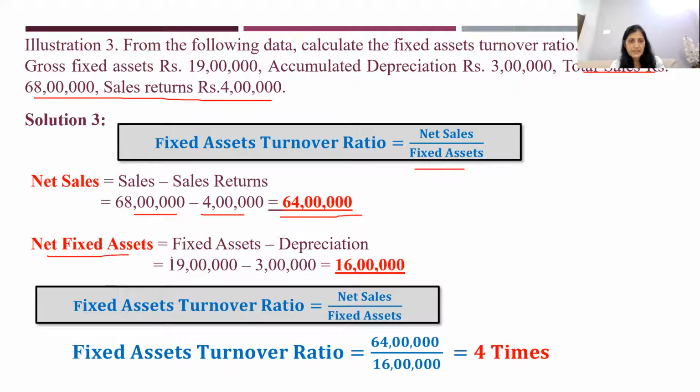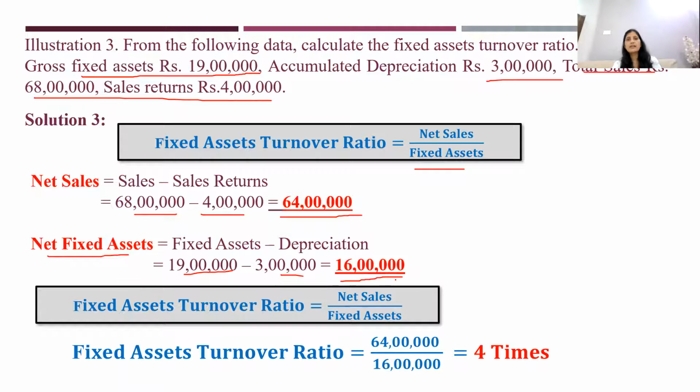Net fixed assets is equal to fixed assets minus depreciation. Gross fixed assets is given here, 19 lakhs, and accumulated depreciation is directly given, 3 lakhs. So 19 lakhs minus 3 lakhs will get 16 lakhs.